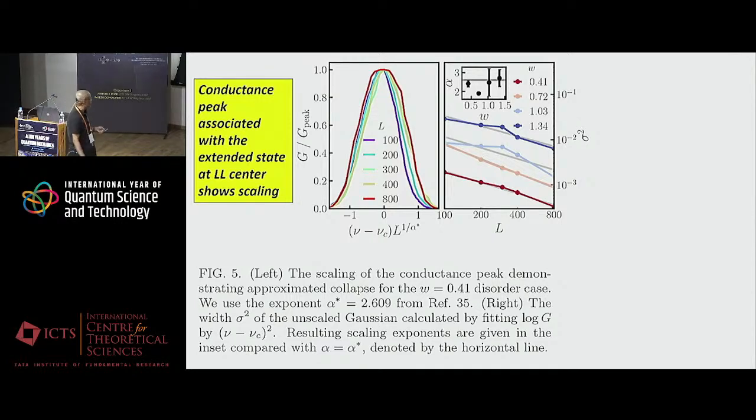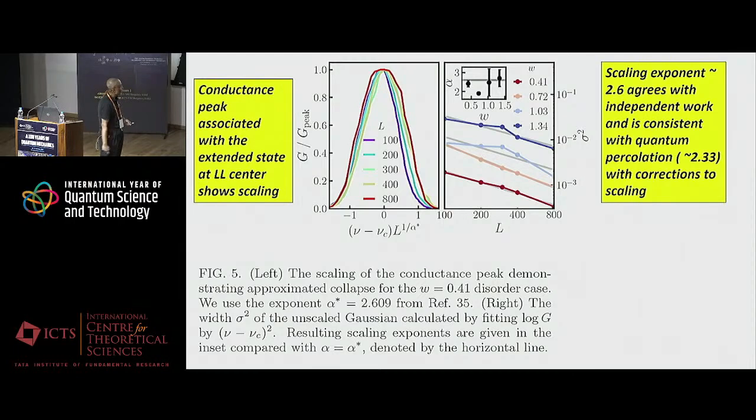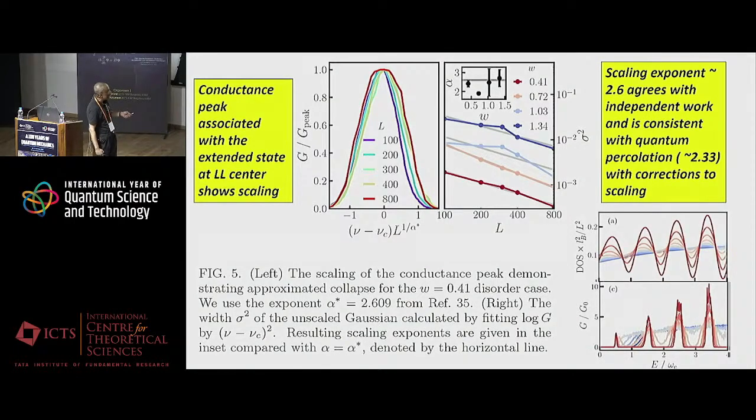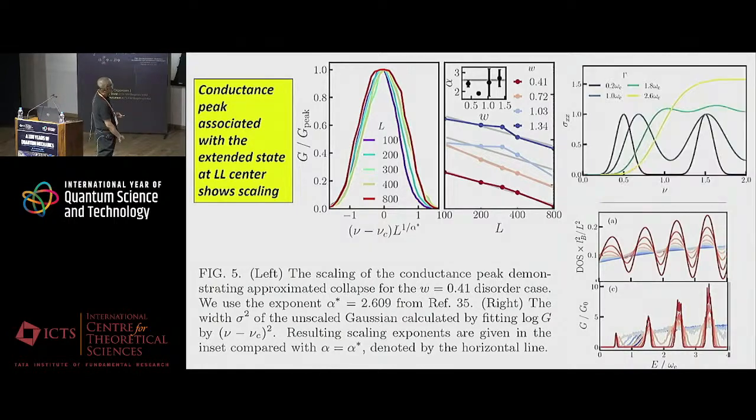And actually, Ilya Gruzberg has been working on it, I think, for like 20 years or something like that. And he recently wrote a paper doing very accurate scaling, and his exponent and our exponent agree. So this correction to scaling is really true. I did not quite believe it to be true, but it's really true. That's a minor result for us because it's already known that the exponent changes. The percolation exponent is 2.33. The correction to scaling is quite large.